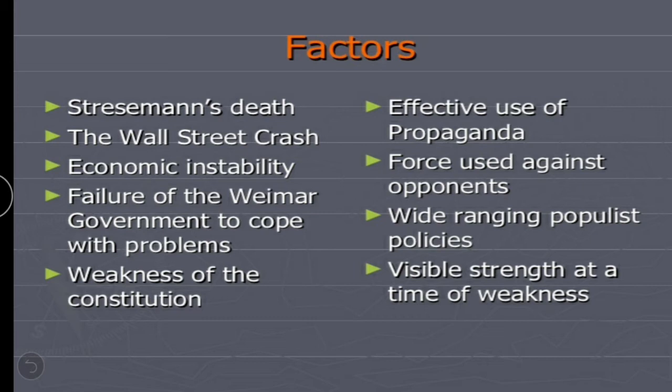So children, these are some of the factors which made Hitler so powerful. One by one we will be studying these factors in detail.